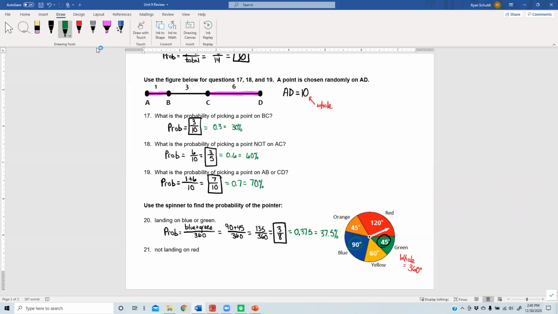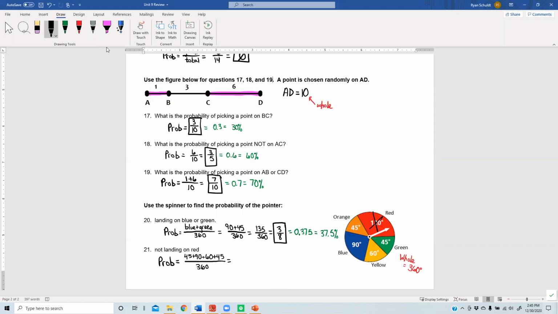Okay, 21, not landing on red. So I do not want red. Red is bad juju. No red. So that probability, you add everything up but the red. So 45 plus 90 plus 60 plus 45 over 360.